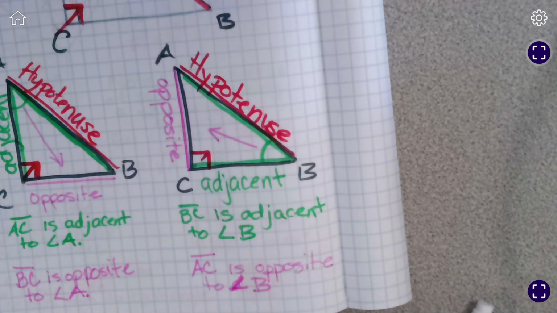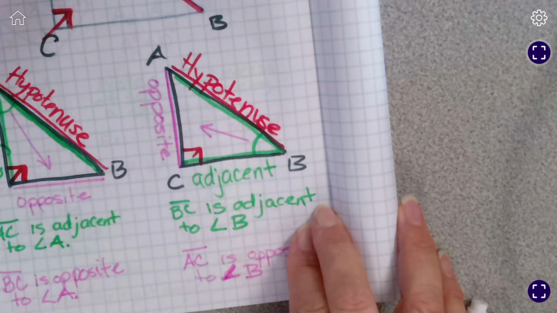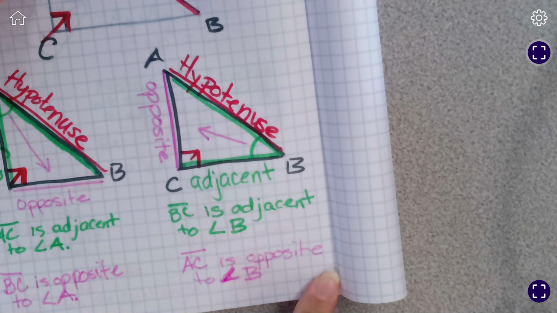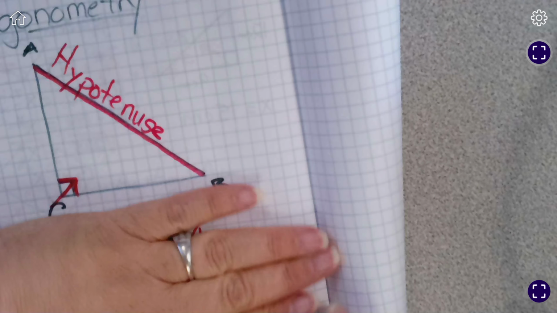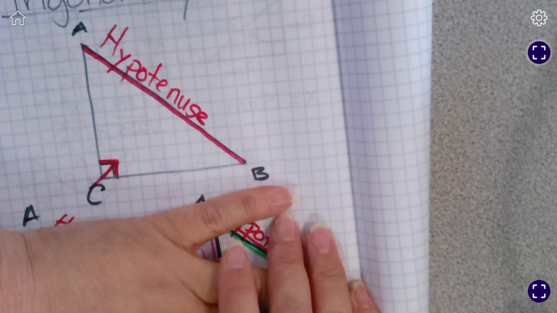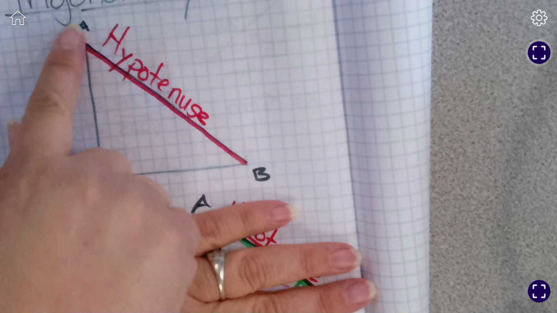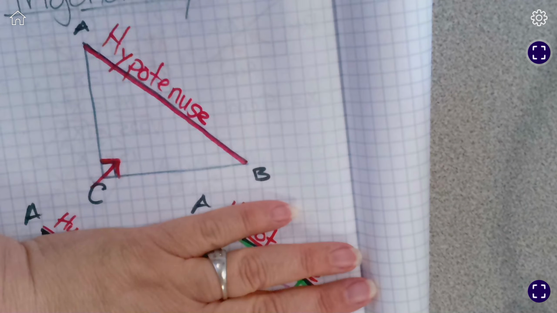So you could say, if we came up here to this top triangle, I'll show you that in a second, if we came up here to this triangle, I could ask which side is a hypotenuse, and you could say, yeah, segment AB is a hypotenuse.